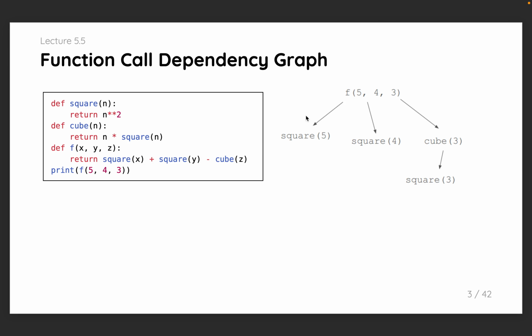So each arrow here is a dependency. So we say that f of 5, 4, 3 depends on calling the function square at 5. Similarly, it also depends on calling square with input 4 and calling cube with input 3. So this f of 5, 4, 3 has 3 direct dependencies, these 3 function calls.